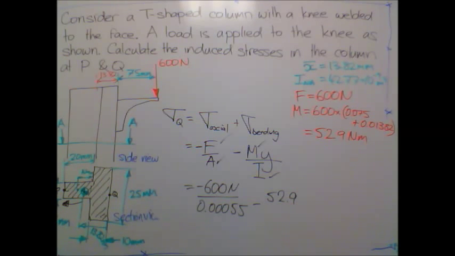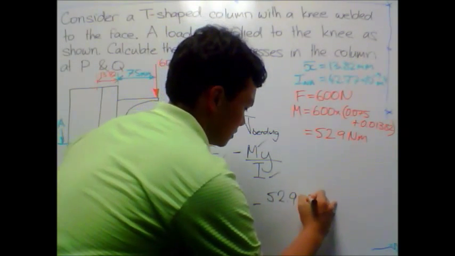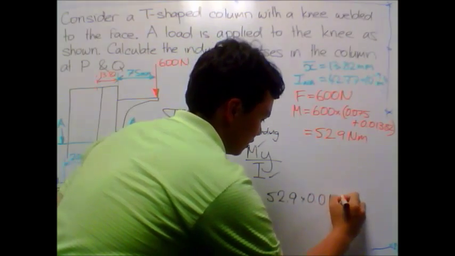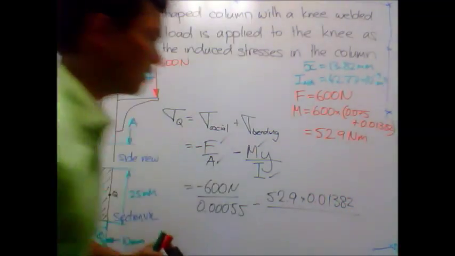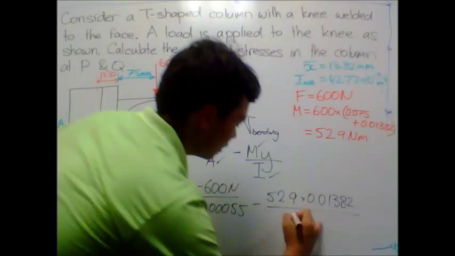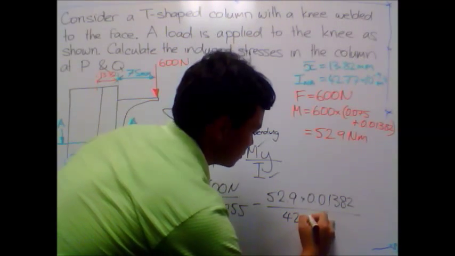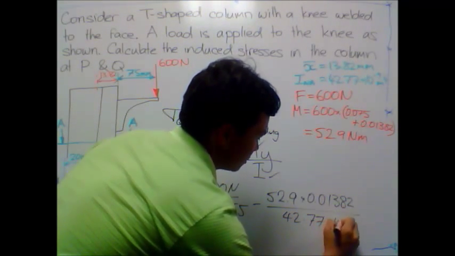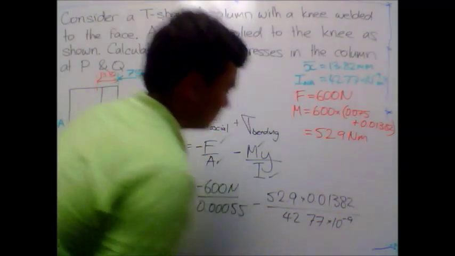Y is going to be my distance from here to point Q. The last time to get to P I used this distance, to get to Q now I'll use that distance. So this is going to be my 13.82 millimeters, or 0.01382, divided by I, which I already got, 42.77 times 10 to the negative 9.